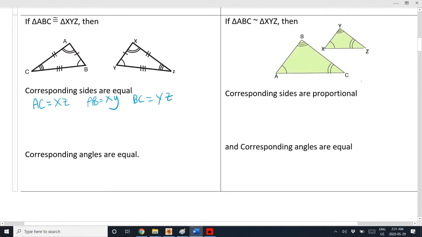Similarly, if we looked at angle A, it would be equal to angle X. Angle C is equal to angle Z. Angle B is equal to angle Y. So we can see that these triangles are exactly the same in length for their sides and for the angles that they have.